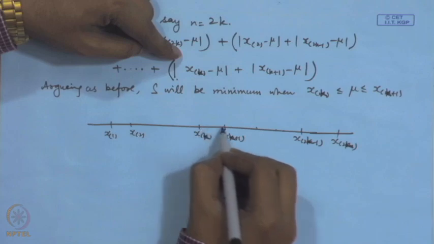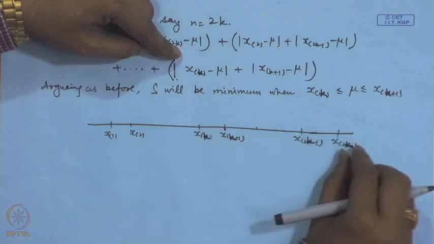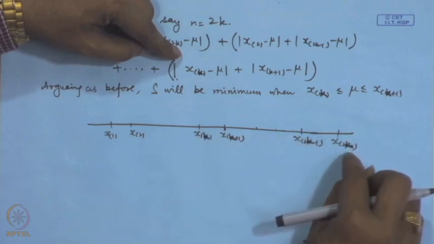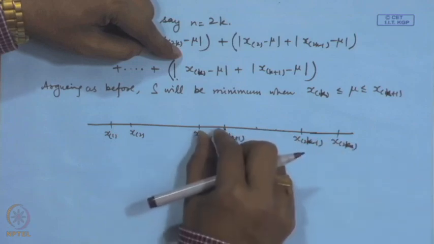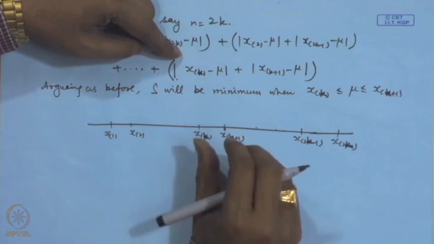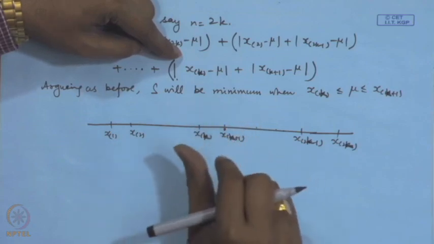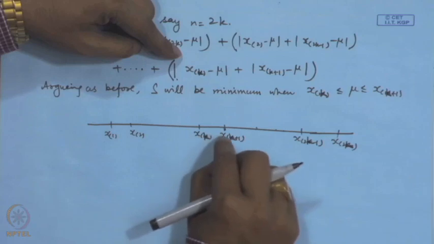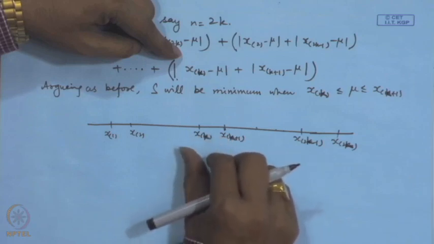Now, if mu lies between x k to x k plus 1, when we have even number of observations, that is x 1, x 2, x 2 k, any number between x k to x k plus 1 is called a median. For convenience, many times we take the average of these two values, that is x k plus x k plus 1 by 2.